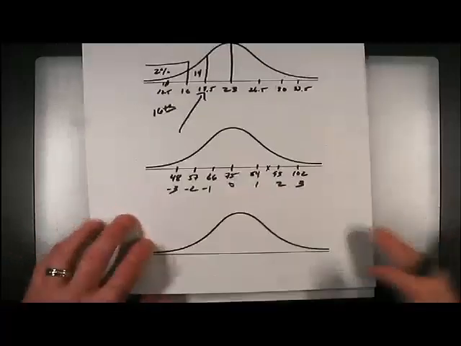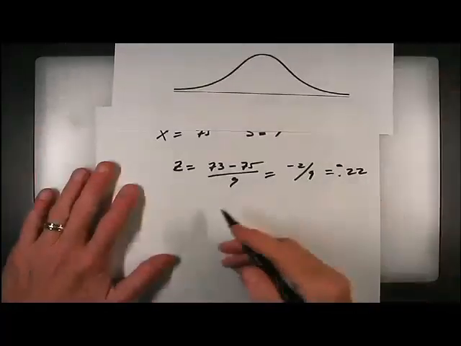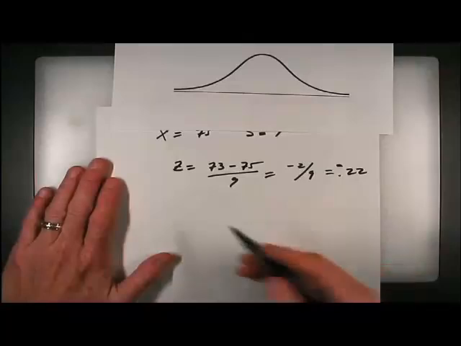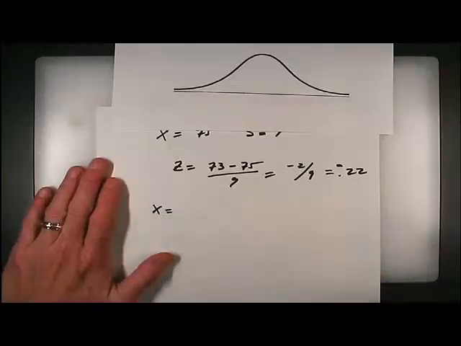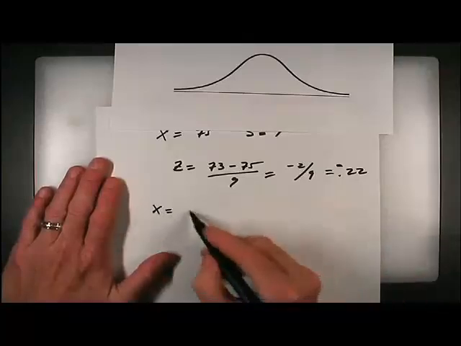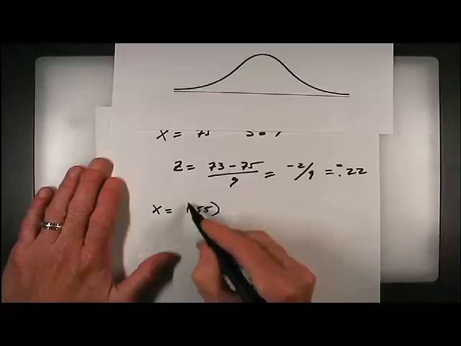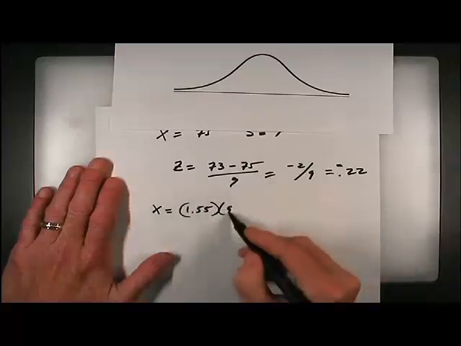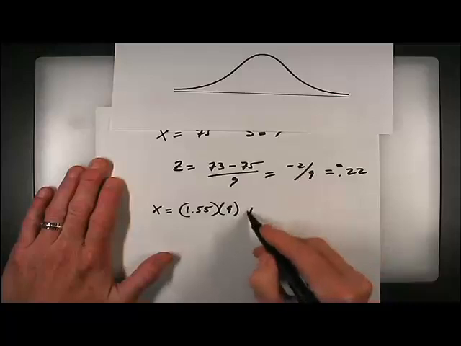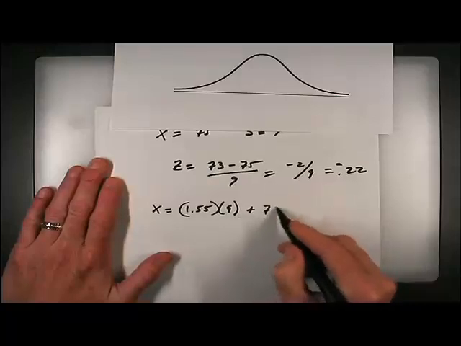Okay? So now the formula to go from a z to an x is x equals z, the z-score, which is 1.55, times the standard deviation, which is 9, plus the mean, which is 75.